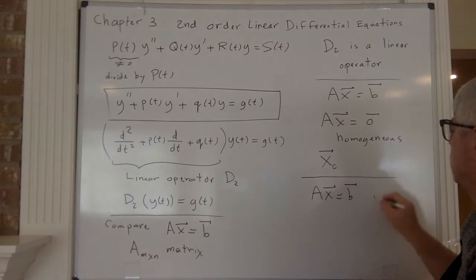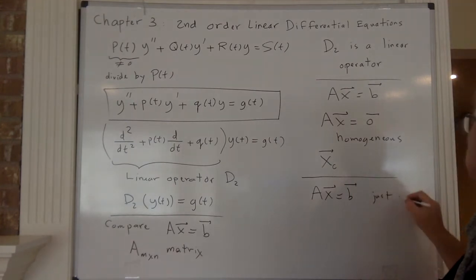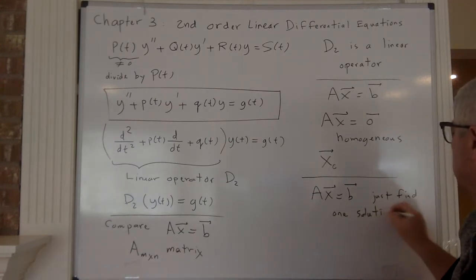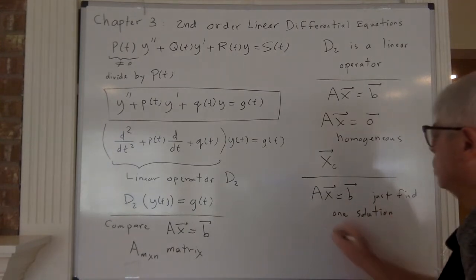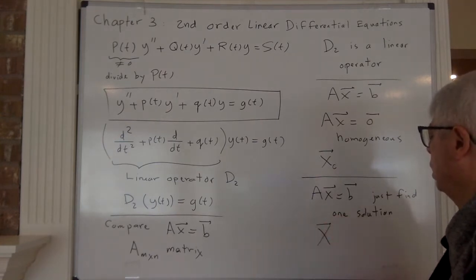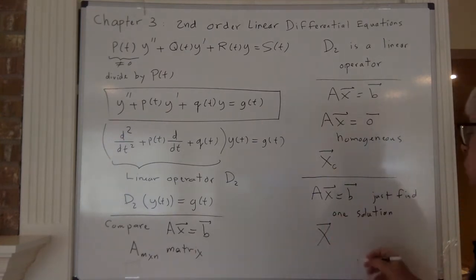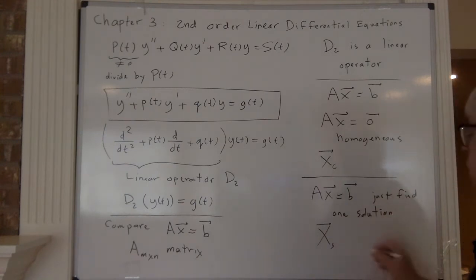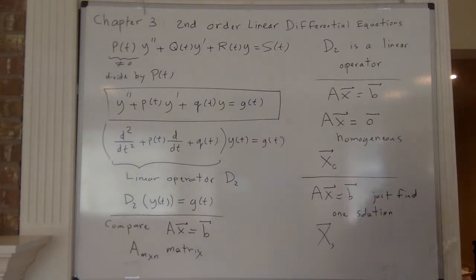Just find one solution, a specific solution, whatever we call it, x say s or something. And then the whole solution was this one plus this one. Okay, so here we do the same thing.